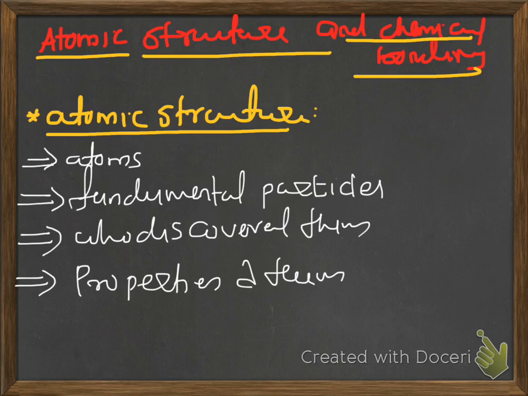It has two different aspects to discuss in it. They are atomic structure at first, and later we have to see how chemical bonds can be formed. Initially, we are starting with atomic structure.